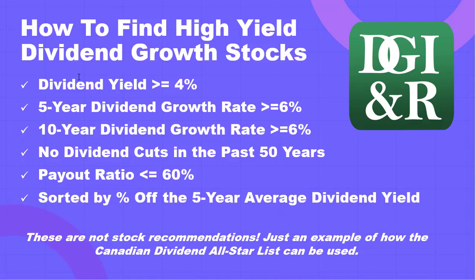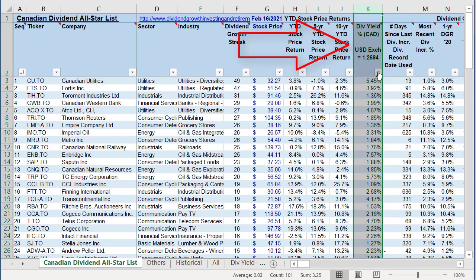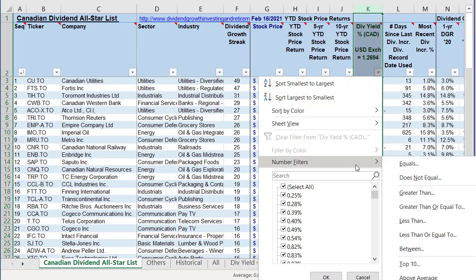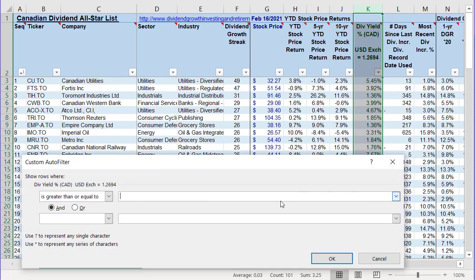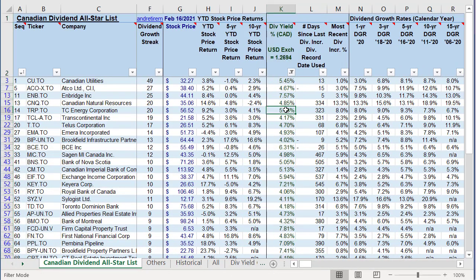We wanted a dividend yield of greater than or equal to 4%. So we're going to take a look at the dividend yield column, and we want it to be greater than or equal to 4%. Now we only have stocks with 4% yield or higher.